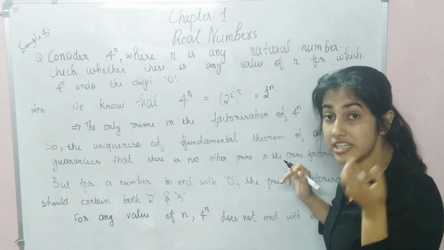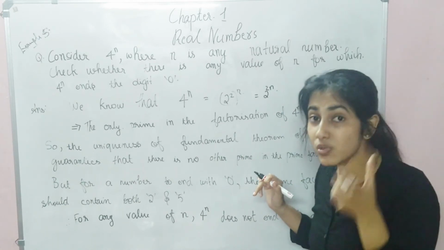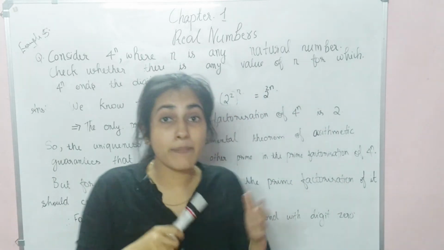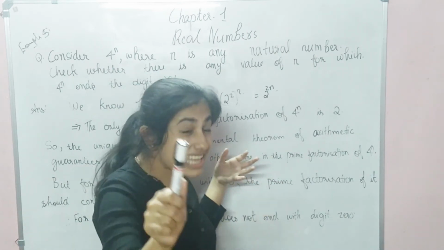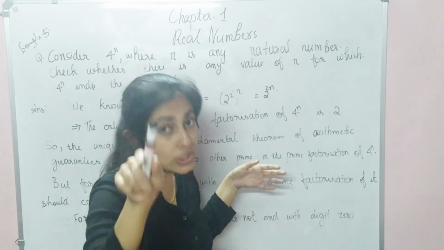We know that the fundamental theorem of arithmetic is unique. If you write a composite number as a product of its prime factors, that prime factorized expression of that number will be unique.